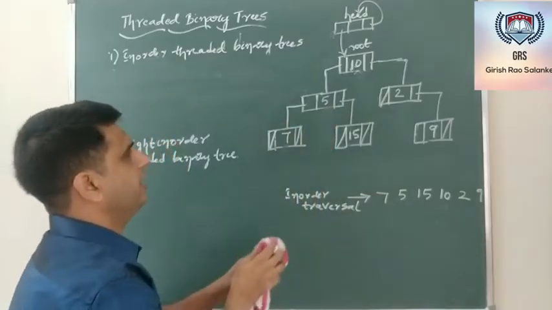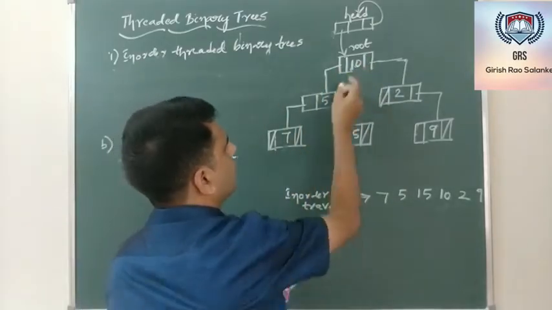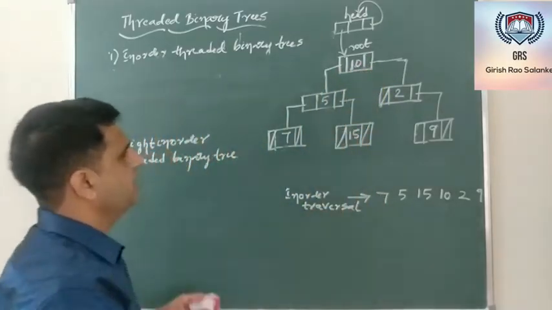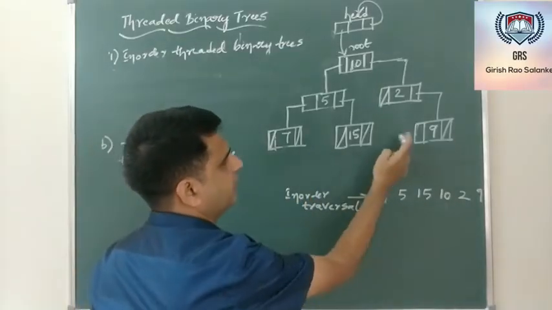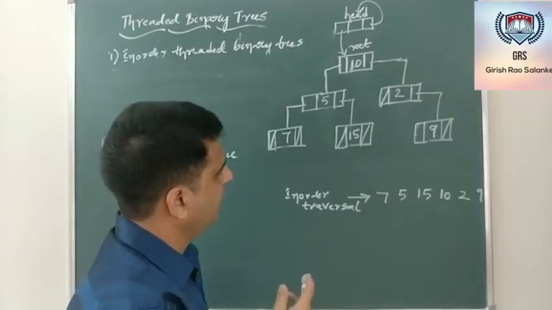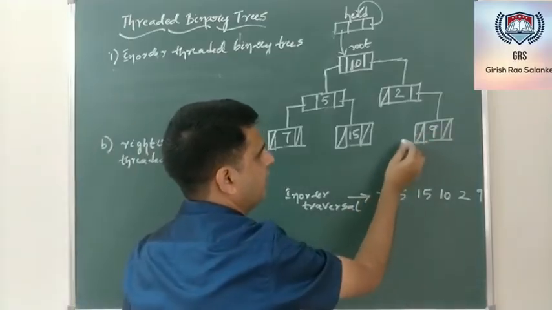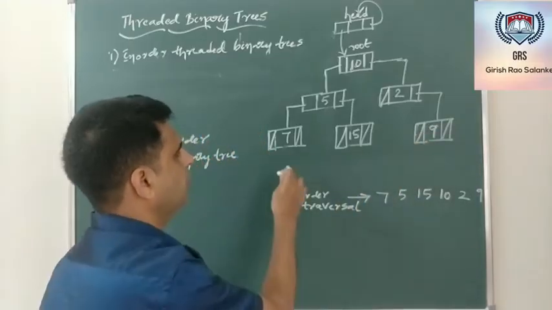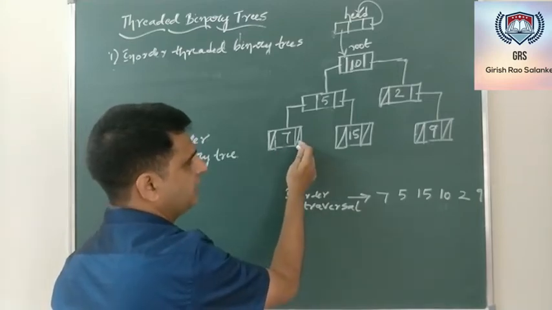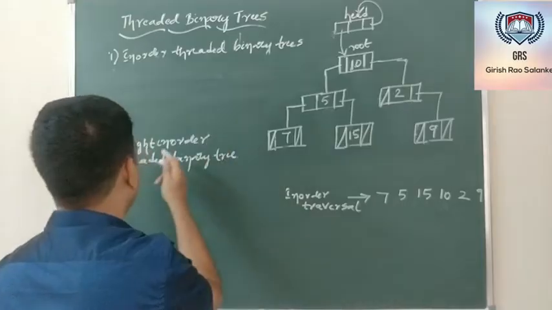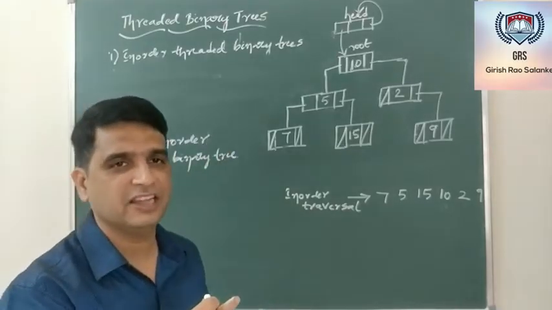So this was my binary tree. Now the right in-order threaded binary trees. I should be worried about only the right addresses. Now how many null right addresses are there? There are 3 null right addresses. So first I will go for node 7. Now node 7 right address, instead of null, should hold the address of its successor.